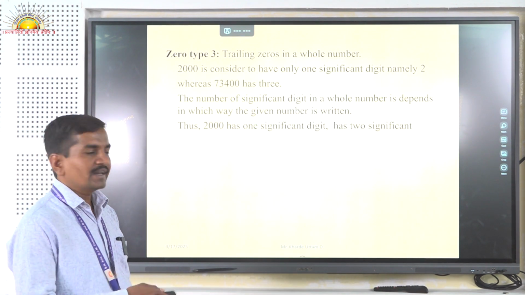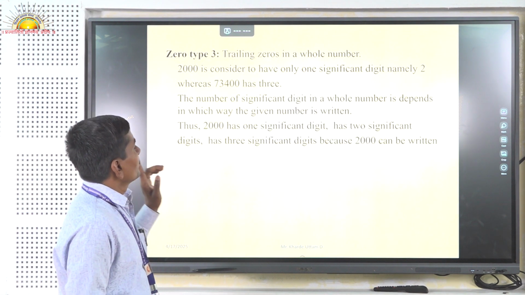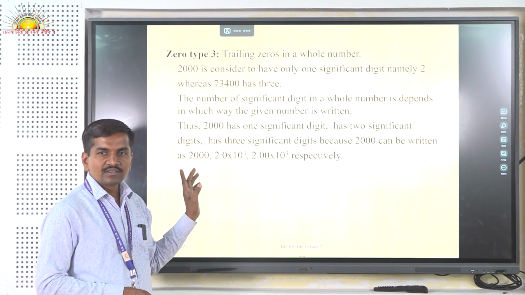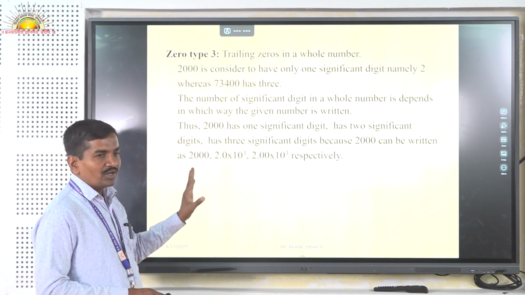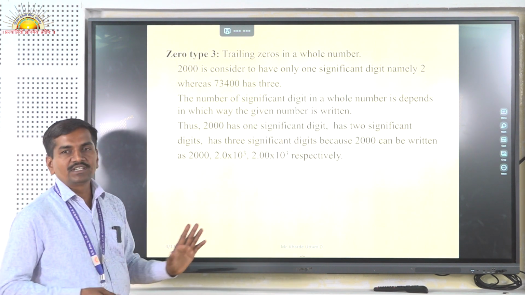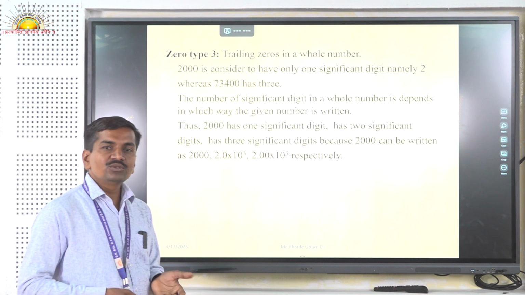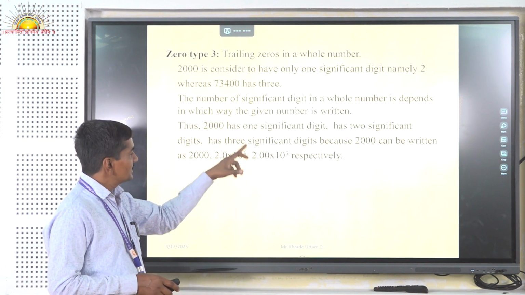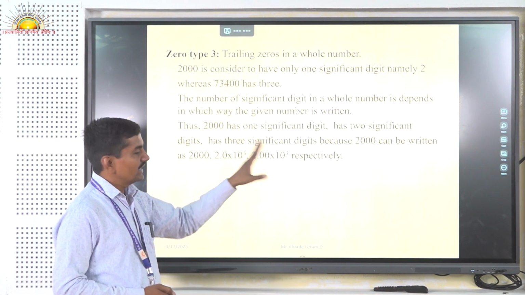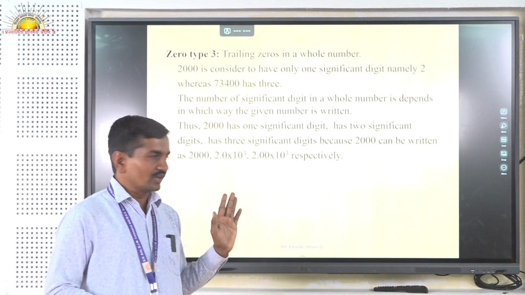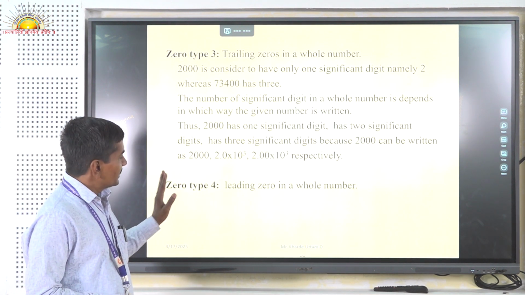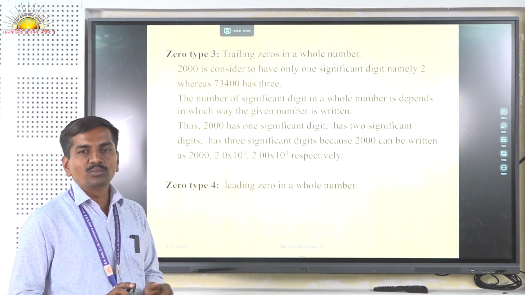If we rewrite 2000 as 2.0 times 10 raised to 3, the value is the same, 2000, but the format is different, and in this case there are 2 significant digits, 2 and 0. Is that clear?